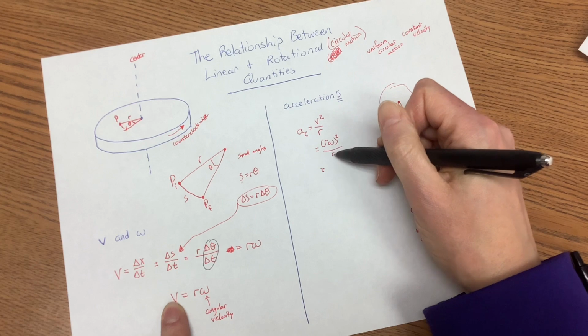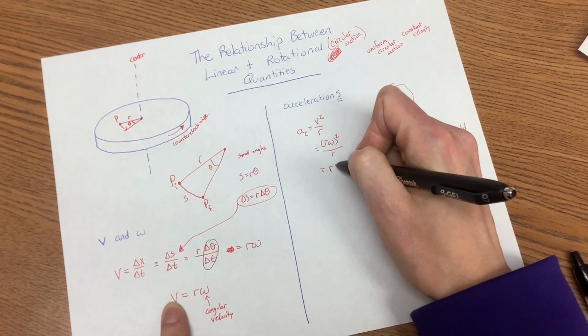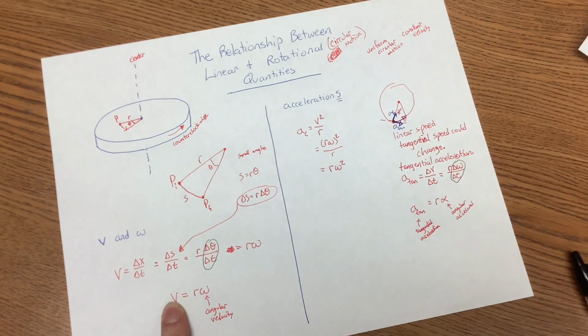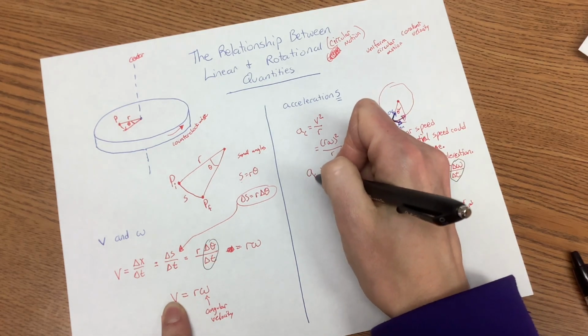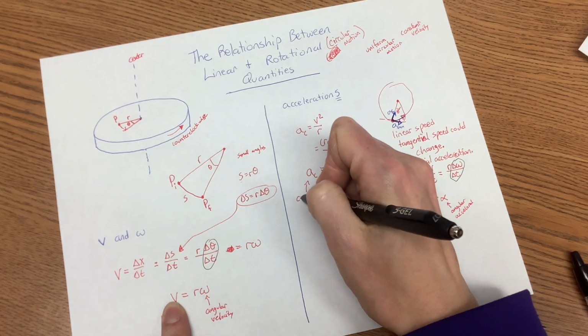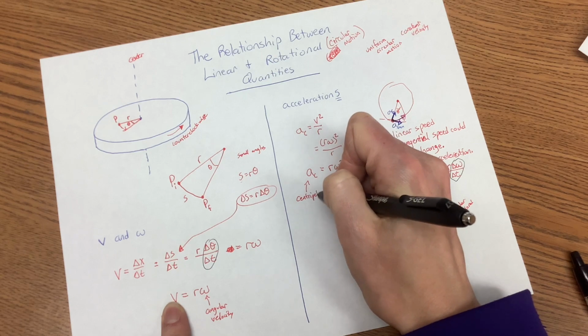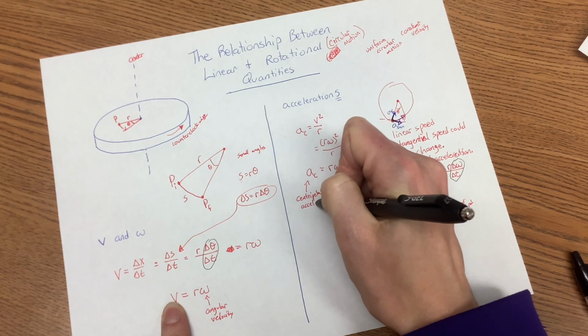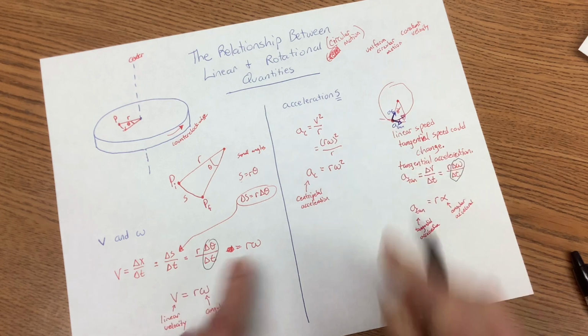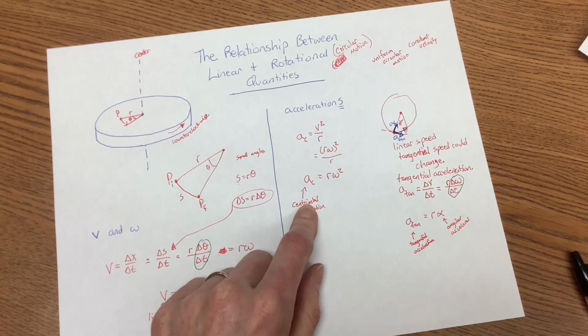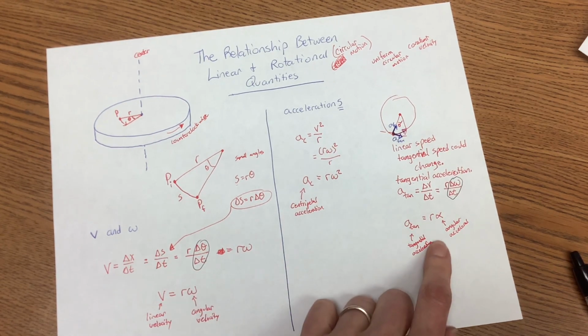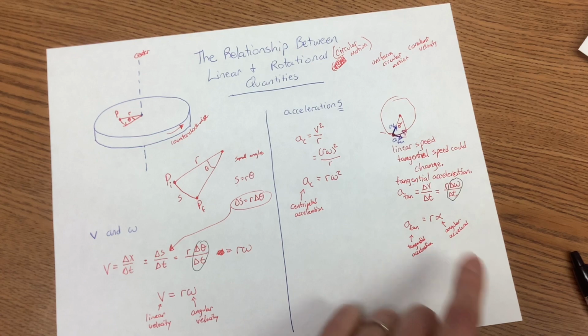All right, so this r is going to cancel one of those r's out and leave the other r there. So just the omega is squared. And so this is the centripetal acceleration. So this is the acceleration it feels toward the center that makes it go in the circle, and this is the acceleration it feels in the direction that it's going that makes it speed up or slow down. I guess it would be against its direction if it's slowing down in that rotation, okay?